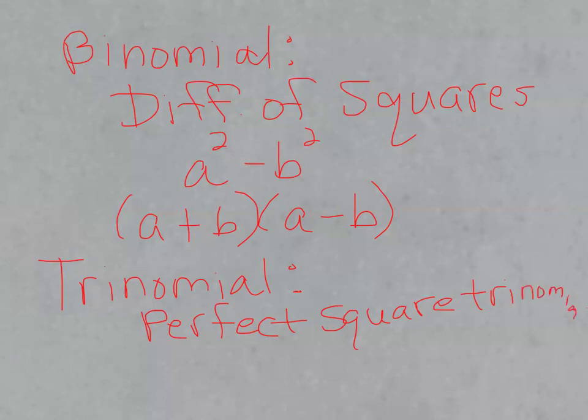That's a squared plus 2ab plus b squared. And then that factors to be a binomial squared, so a plus b squared. So that's the difference in those 2.